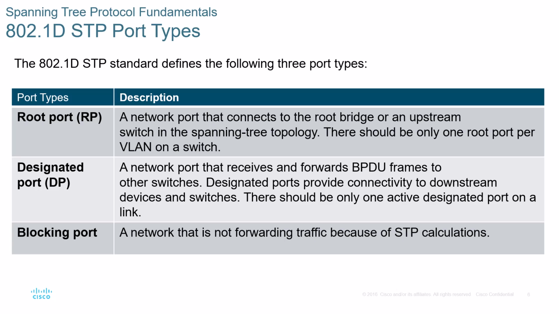First one is port types. We know we identify a root bridge, and so that means we need to identify the 3 types of ports. For blocking, there will be one port that will be selected as a blocking port. All ports leading away from our root bridge will be a designated port.